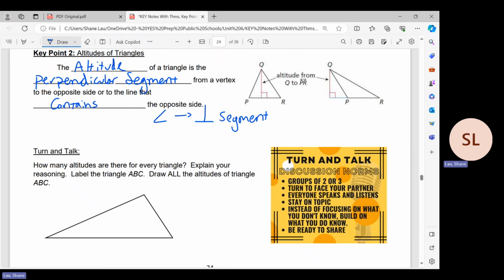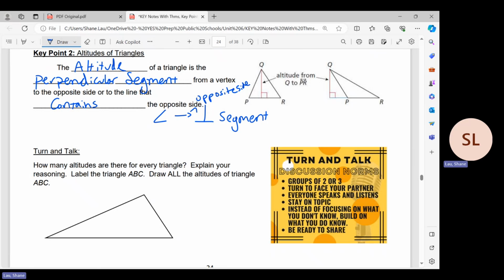And actually, if I'm really thinking about it, you might even also need to add opposite side perpendicular segment. But you know what? We'll even add that opposite side. That might be even easier to understand. So angle to opposite side perpendicular segment. Mouthful, but it contains everything that we need to.